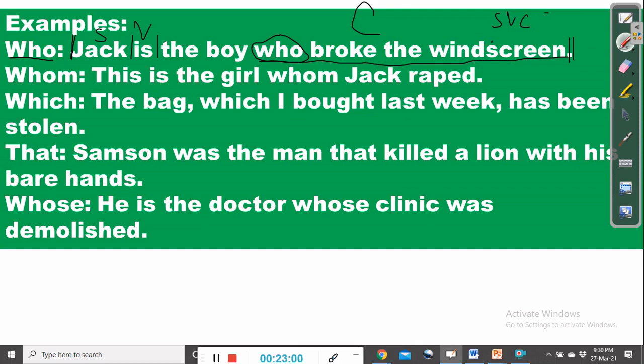So we call it SVOCA. All right, these are the 5 elements of sentence. Please take note of this. This is A. All right, SVOCA.